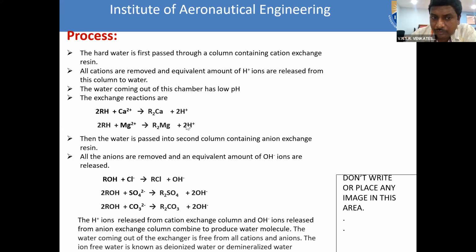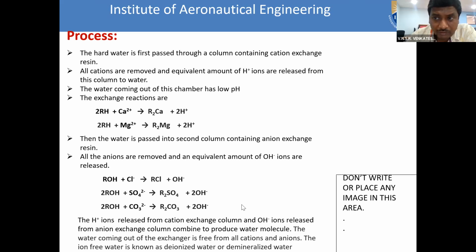So finally, from the cation exchange resin, H plus ions are released. From the anion exchange resin, OH minus ions are released. So the H plus ions released from the cation exchange column and the OH minus ions released from the anion exchange column combine to produce a water molecule. Finally, these H plus and OH minus combine to give a water molecule.